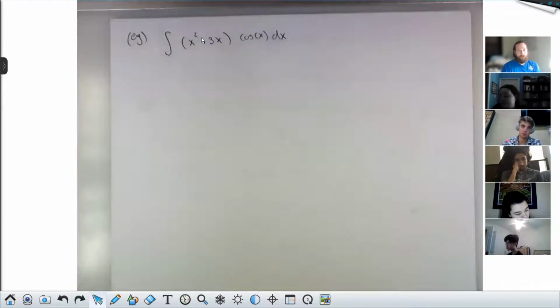So as in the last problem, I have a polynomial times the sine, cosine, or e to the x, one of those functions that don't change much when you do the calculus operations to them. So we're going to attack it the same way.